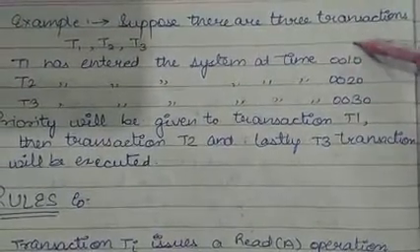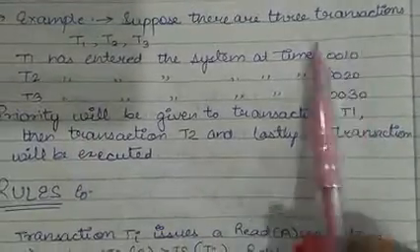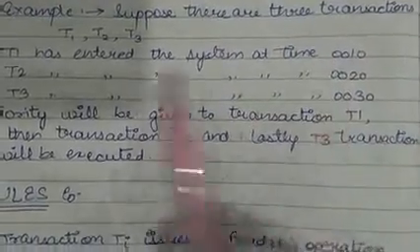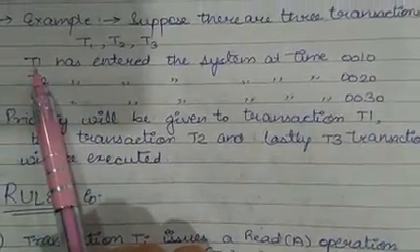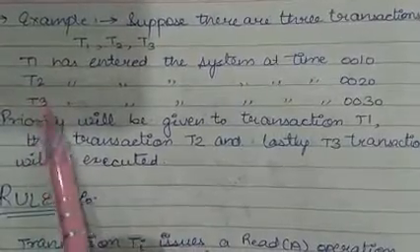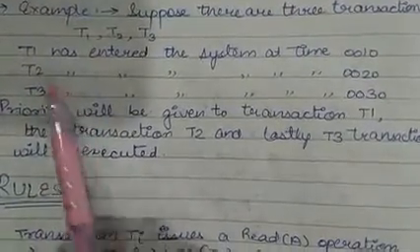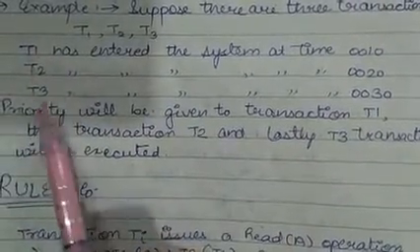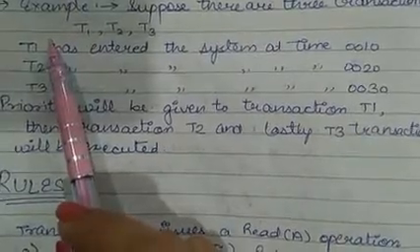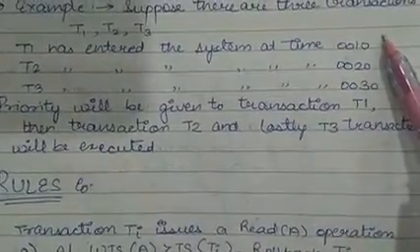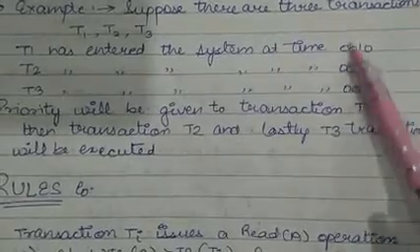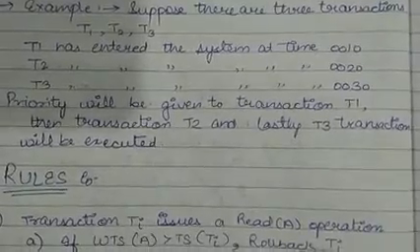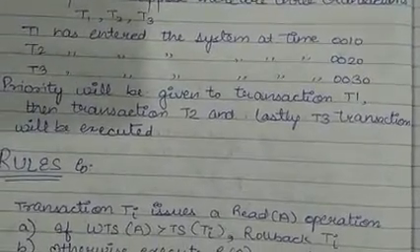So this T1 has the lowest, the oldest timestamp. So this transaction is considered with the highest priority, and this is considered as the least priority. That means we are first going to execute T1 and then T2 and then T3, and when we execute these three transactions in this specific scenario, there will not be any conflict, the conflicts between read and write will get resolved, and at the end we will get our database in a consistent state.